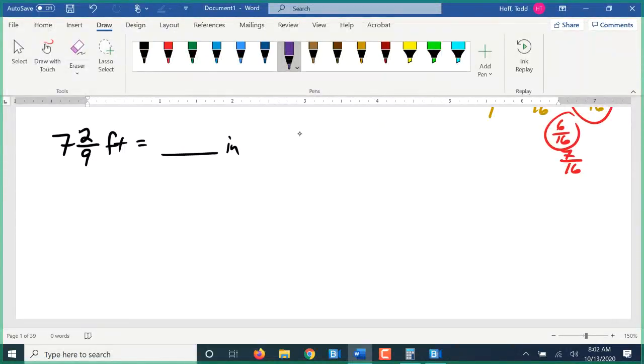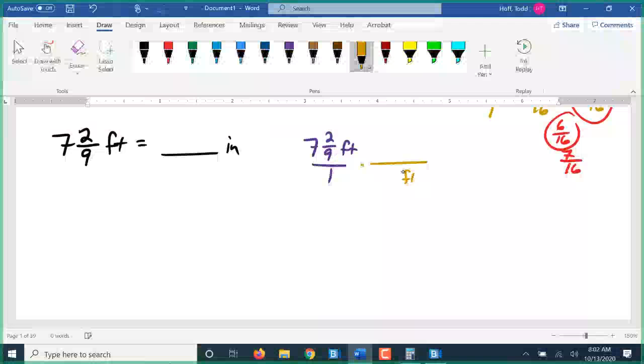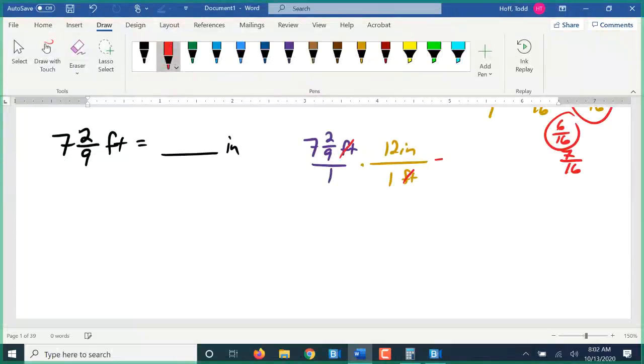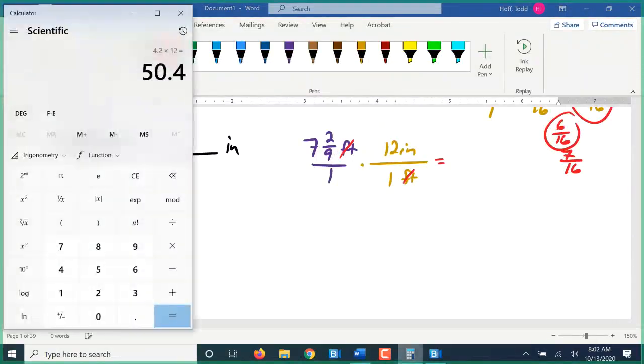So again, we'll start out with my 7 2/9 feet. We'll put it over 1. And I'm going to multiply by the conversion factor, 1 foot on bottom, 12 inches on top. But the feet cancel out. So 7 2/9. Again, to enter that in my calculator, if you have the fraction calculator, you can just do the 7 ABC 2 ABC 9.